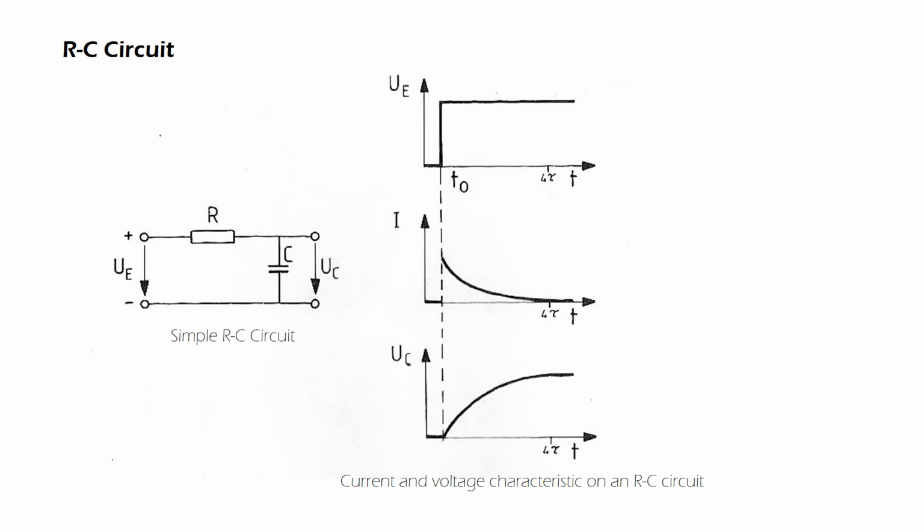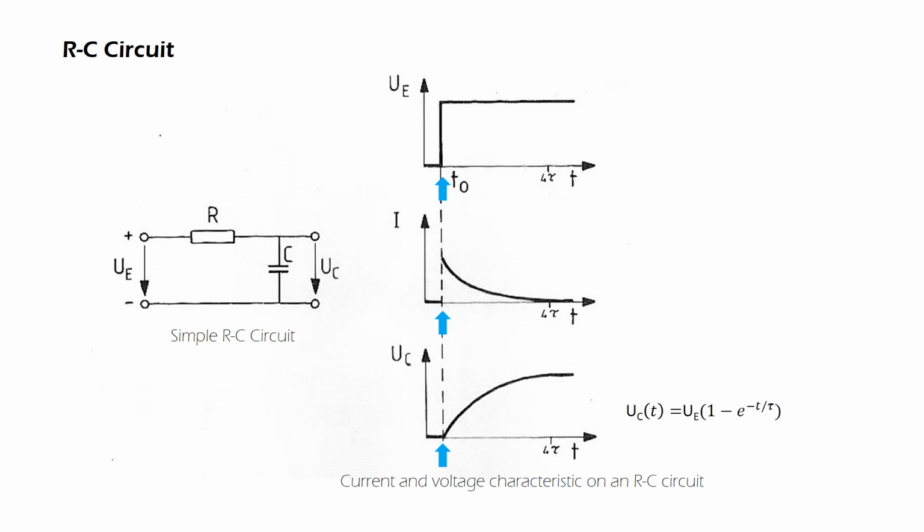A DC voltage UE is applied to its input at the moment t0. The immediate response obtained at the moment t0 is a high current I across the capacitor C. The capacitor is practically a short circuit. The current I is limited by resistor R. At the first moment, the voltage UC at the capacitor is 0 and then rises according to an e-function.